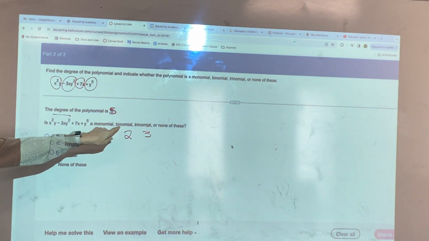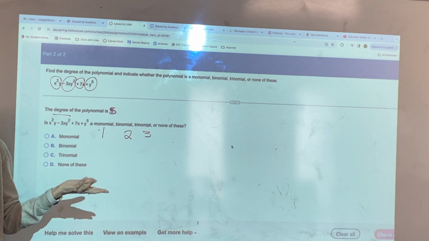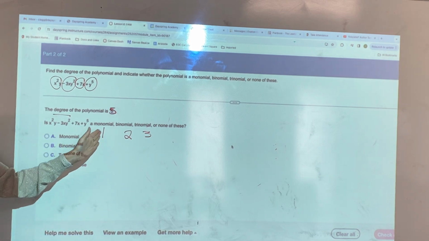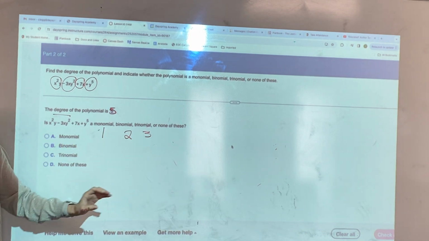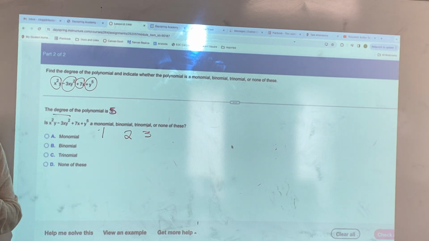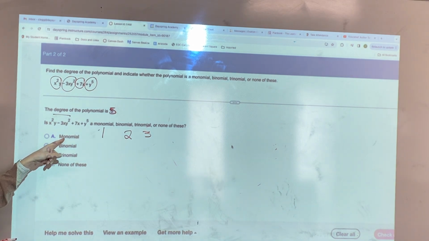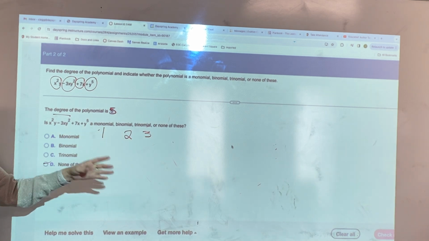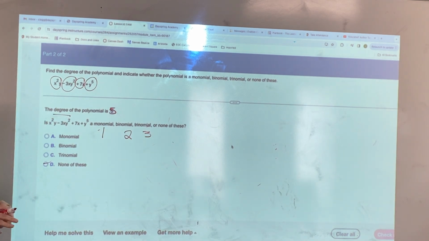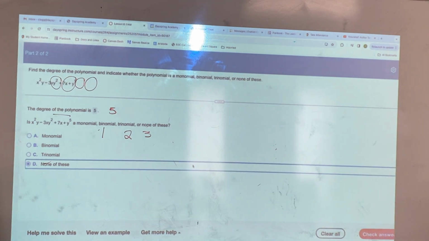Now, all of these are polynomials, but the ones with 1 term, 2 terms, and 3 terms have very specific polynomial names. Everybody else is just called a polynomial, so it would be none of these, because it's not 1, 2, or 3 terms, it's 4 terms, so it would be a simple polynomial, which is not an answer choice, so we would say none of these.